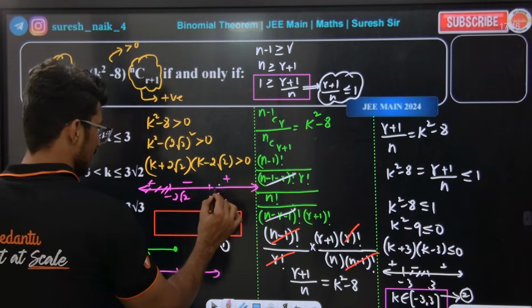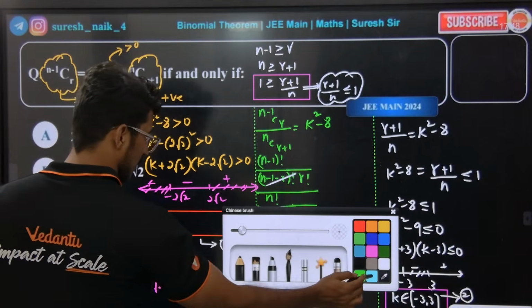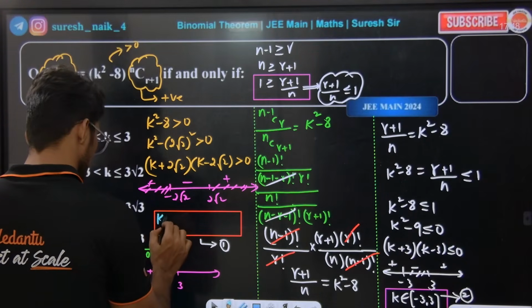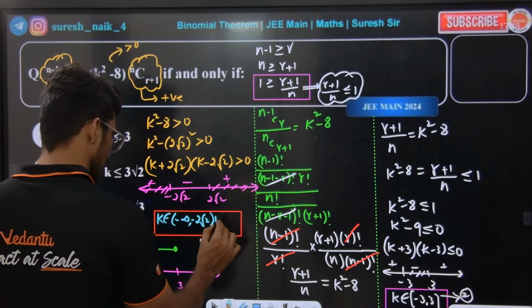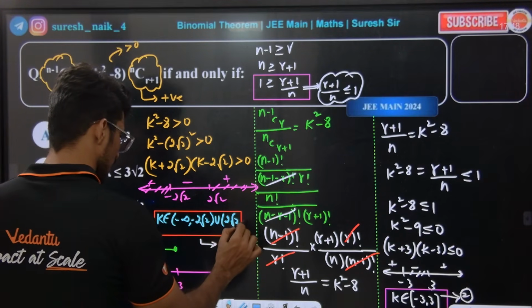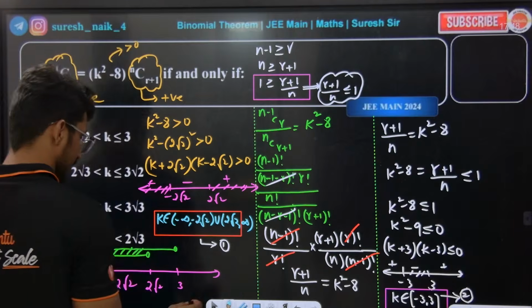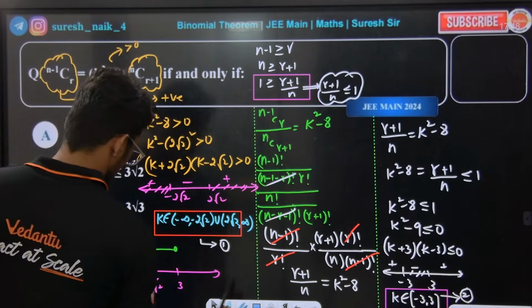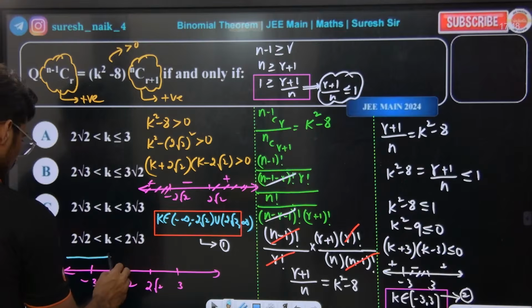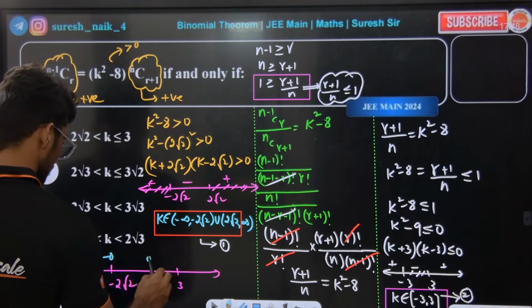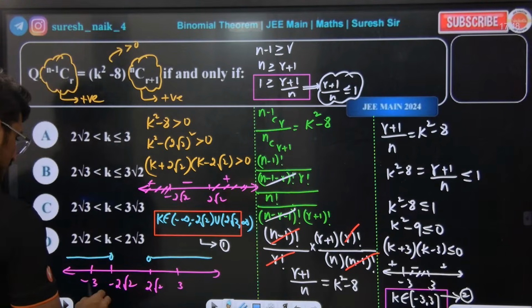So we should select this region. So k belongs to what? k belongs to minus infinity to minus 2 root 2 union 2 root 2 to infinity. Yes or no? Then minus 3 to 3.